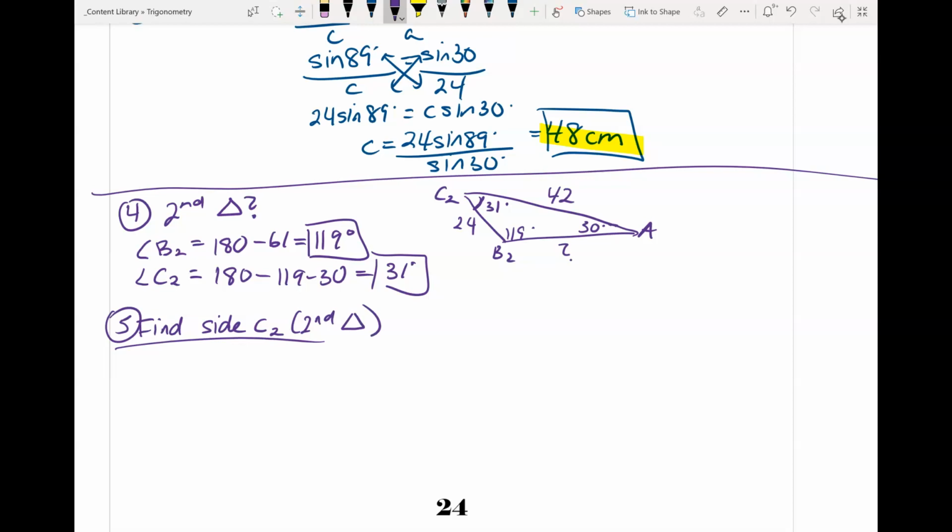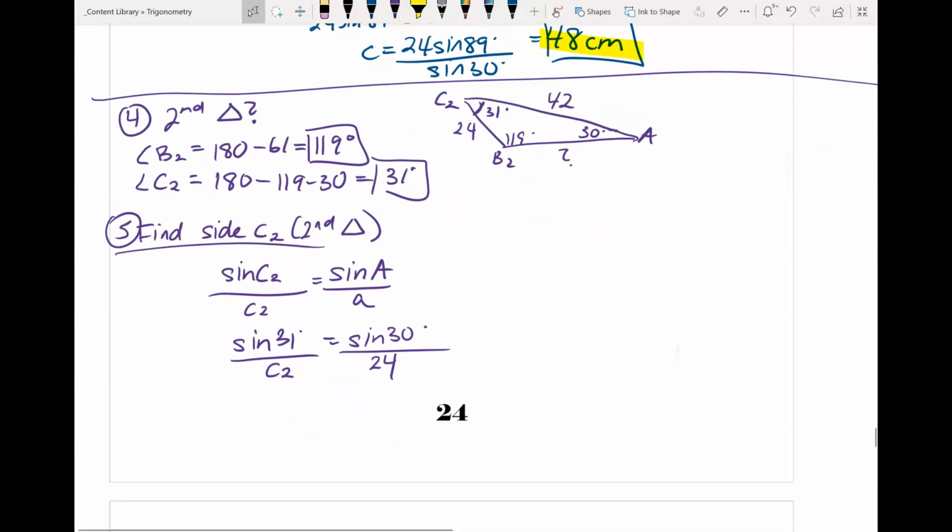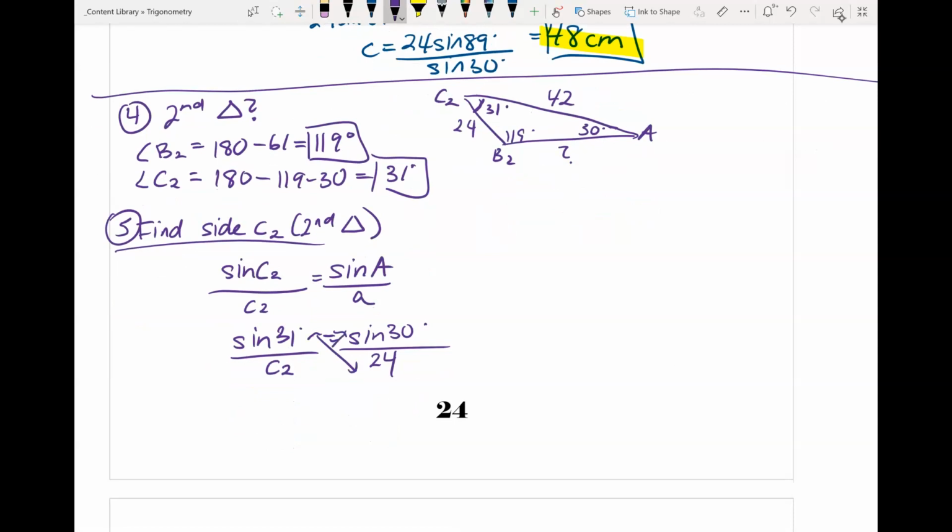So to find that, we're going to use sine C2 over the side C2 is equal to sine A over A. So we know that angle C2 is 31 degrees. We're looking for side C2. Using our second triangle picture, I have 30 degrees for angle A and 24 is side A. We cross multiply and divide.